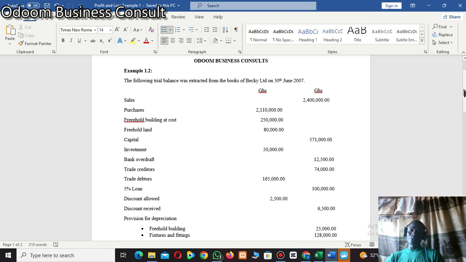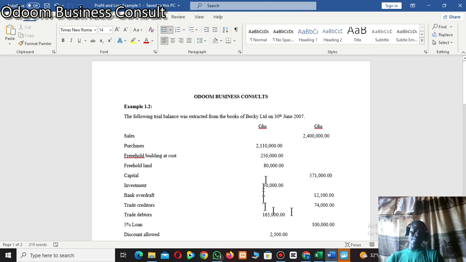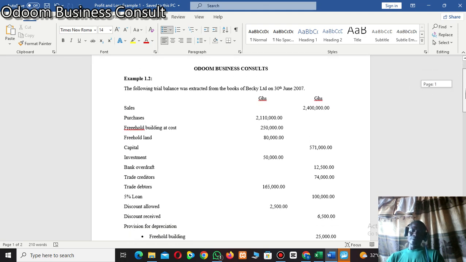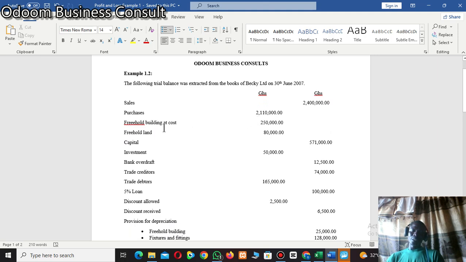We have two major depreciation methods: the reducing balance and the straight line method. But in our question, what we are facing here is a straight line method because a fixed amount is being charged on the cost of the asset as a depreciation for each year.